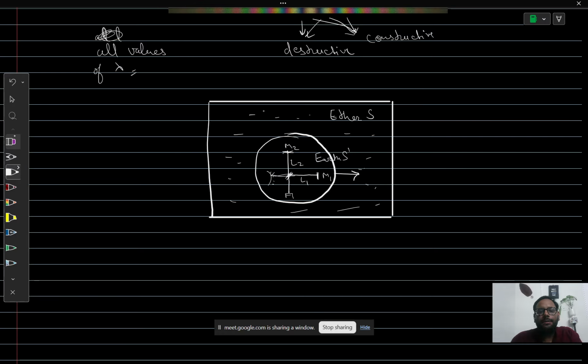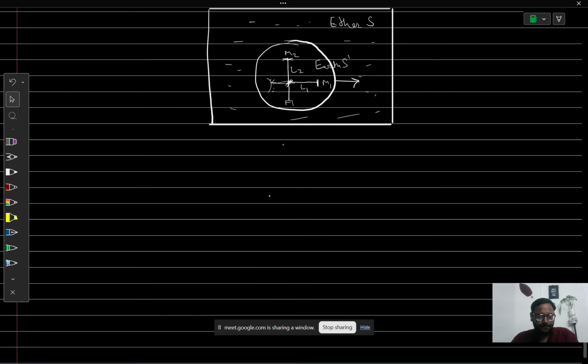The ether is at rest. In the ether frame, the speed of light is c. So consider a case.